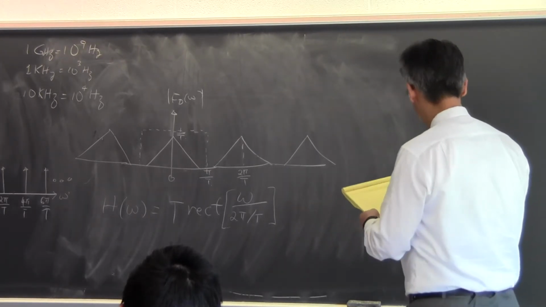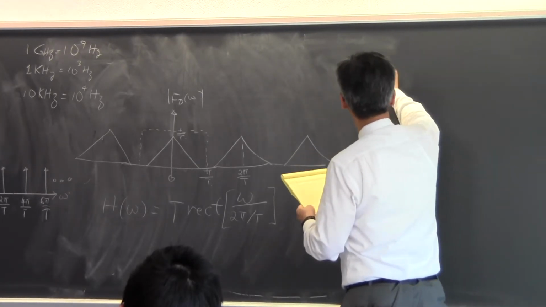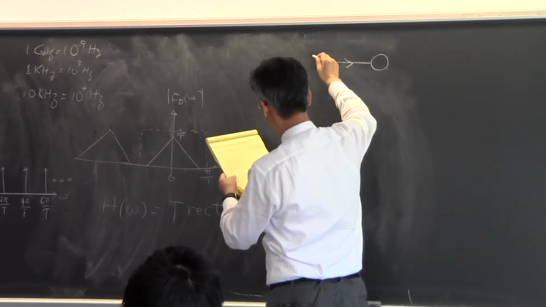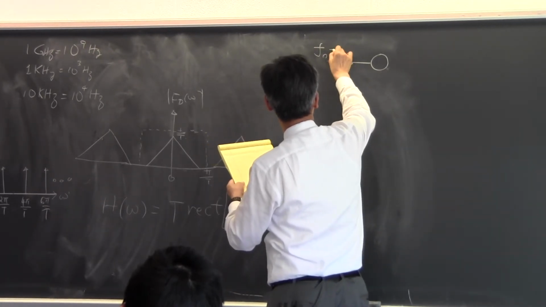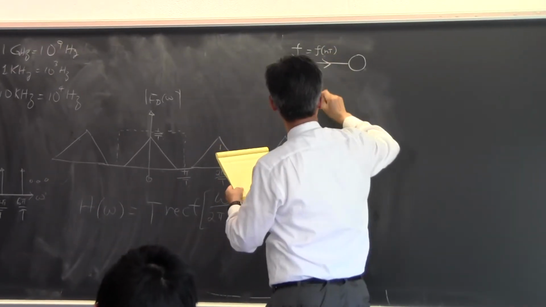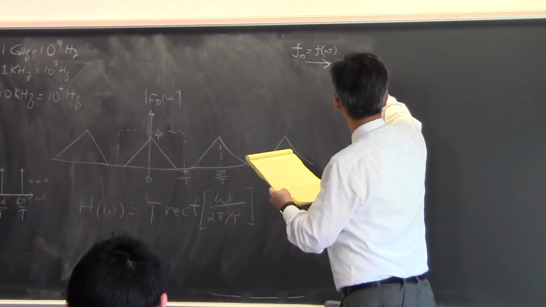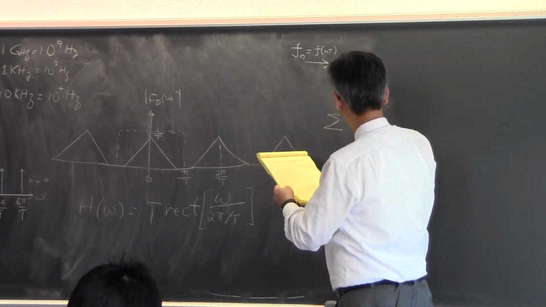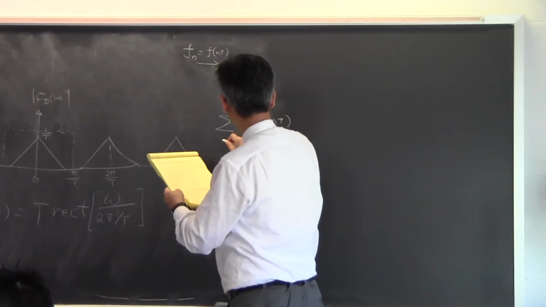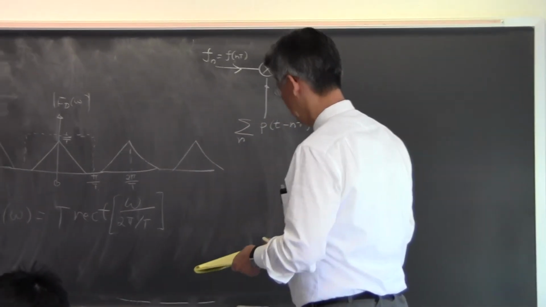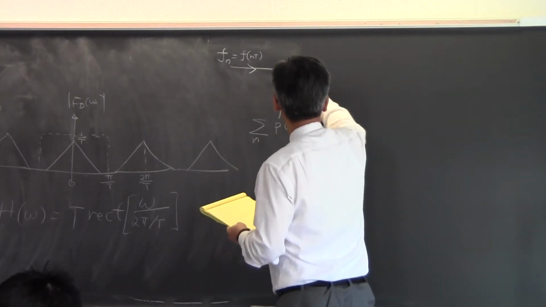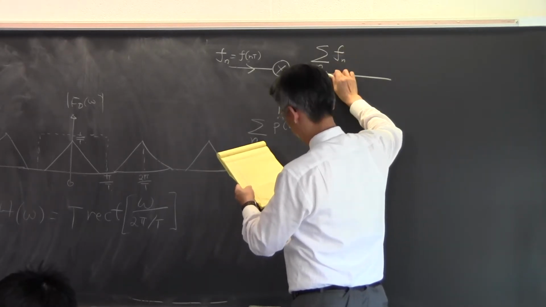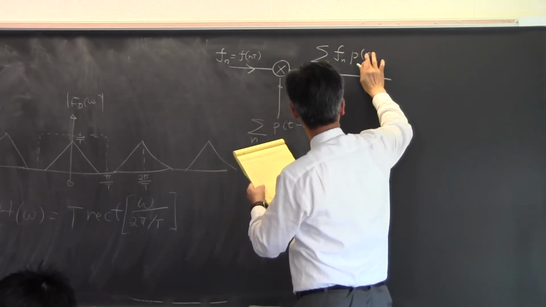Okay, so a way of designing this system might look something like this, that you have a digitized signal that you have measured, f of n, which is f of nT, and then you multiply by some impulse train. The impulse train need not necessarily be idealized, it might just consist of pulse functions, and then what you have is that you create a time signal that is the sum of the digitized signal times the impulse train.